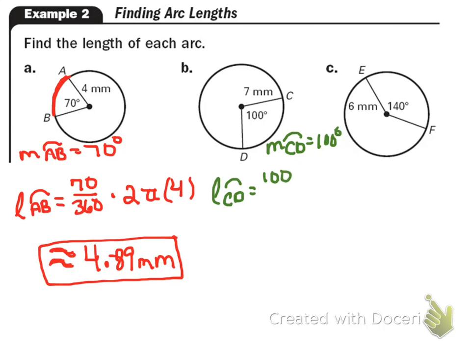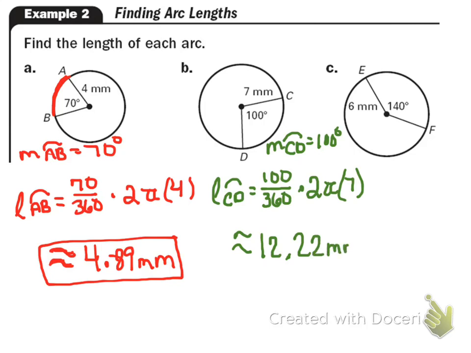Since the entire circle is 360 degrees, and this portion of the circle is 100 of that 360 degrees, we would say it is that fraction, 100 over 360, times the circumference. The circumference can be found by taking 2 times pi times the radius, and the radius here is 7. Punch this into your calculator: 100 over 360 times 2 times pi times the radius of 7. Round to the hundredths place and find that your arc length is 12.22 millimeters.